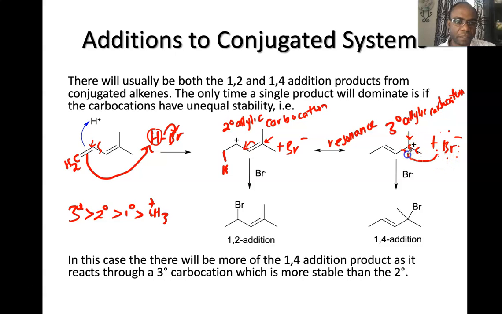So I would expect that once the bromine attacks, the 1,4 addition will way predominate the 1,2 addition. Probably you only even just see the 1,4 addition product. Not mentioning the temperature here, just the structure of the carbocation intermediates helps us to define who will be the major.